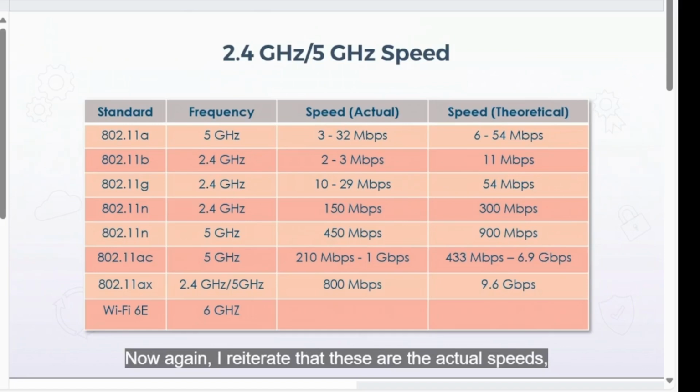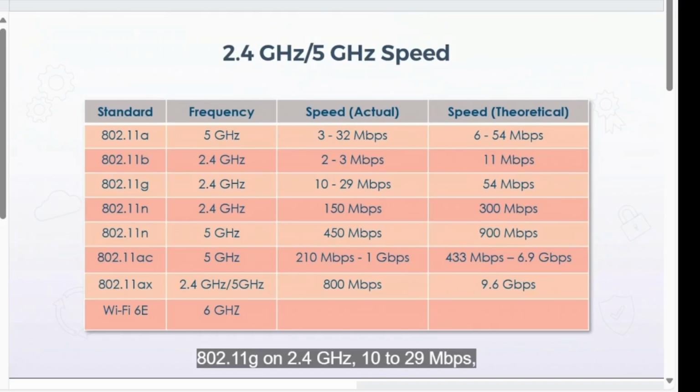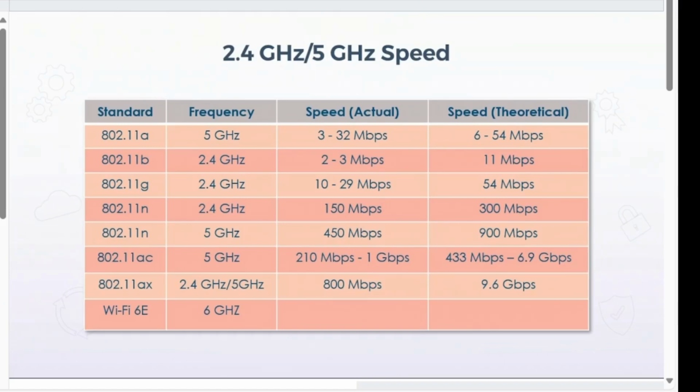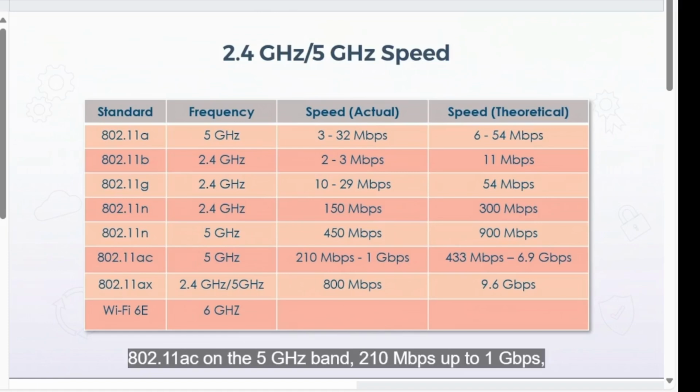Now again, I reiterate that these are the actual speeds, not the theoretical. 802.11g on 2.4 GHz, 10 to 29 megabits per second. 802.11n on 2.4, 150 megabits per second. 802.11n on 5 GHz, up to 450 megabits per second. 802.11ac on the 5 GHz band, 210 megabits per second, up to 1 gigabit per second.